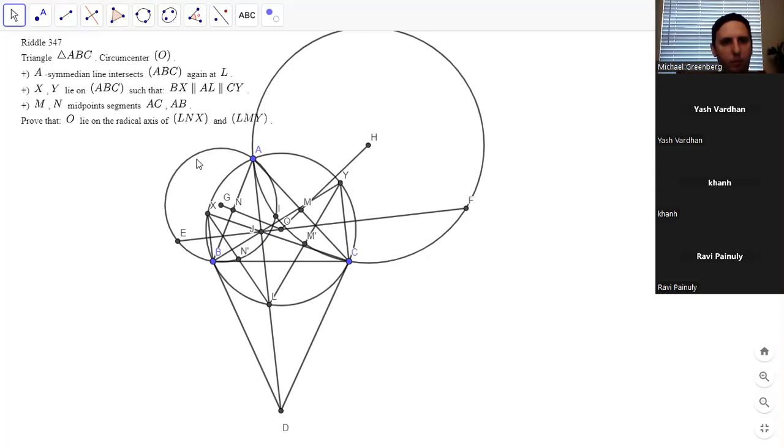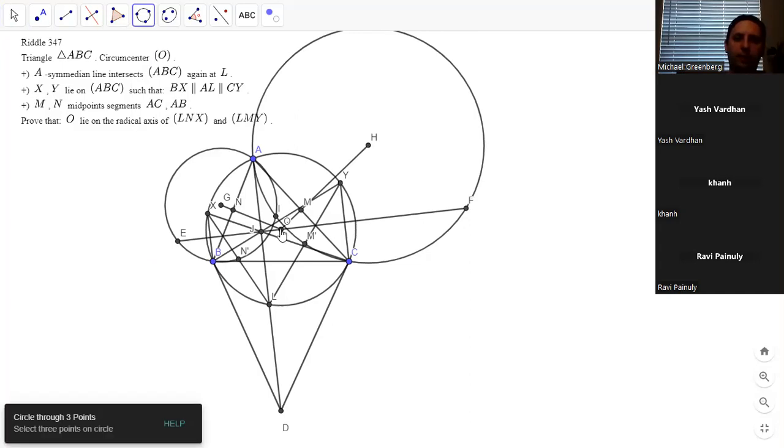Is there another point on this circle that we can use? So we know n prime is on it. Is there another point on it? OJ, yeah. OJBDC is cyclic.